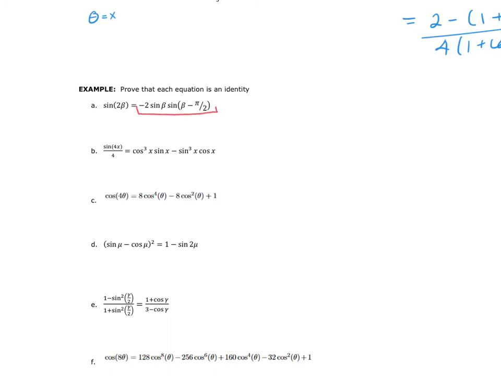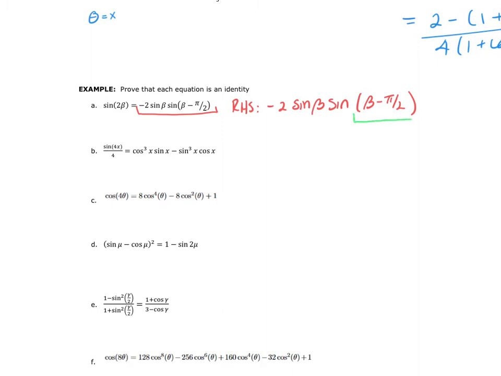And so I'm going to go ahead and write out the right-hand side. And I have -2 sine of beta minus pi over 2. Now, if you remember my cofunctions, right?